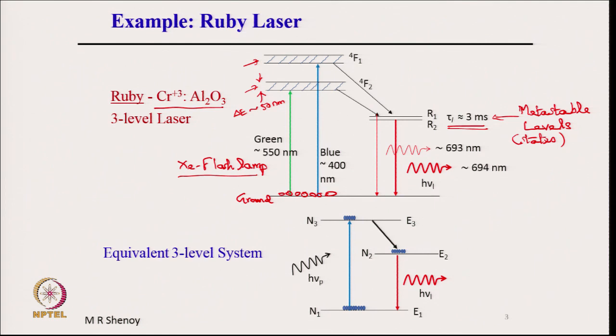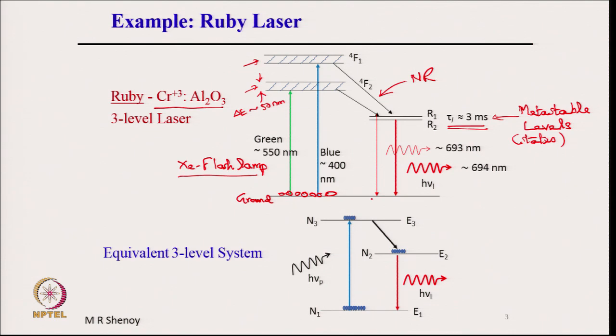There are several levels participating. 4F1 and 4F2 are the excitation bands; if atoms are excited to these bands, they rapidly come down to levels R1 and R2. These are very fast non-radiative transitions. But the transitions from levels R1 and R2 are slow, and that is why the lifetime of the level is of the order of 3 milliseconds.